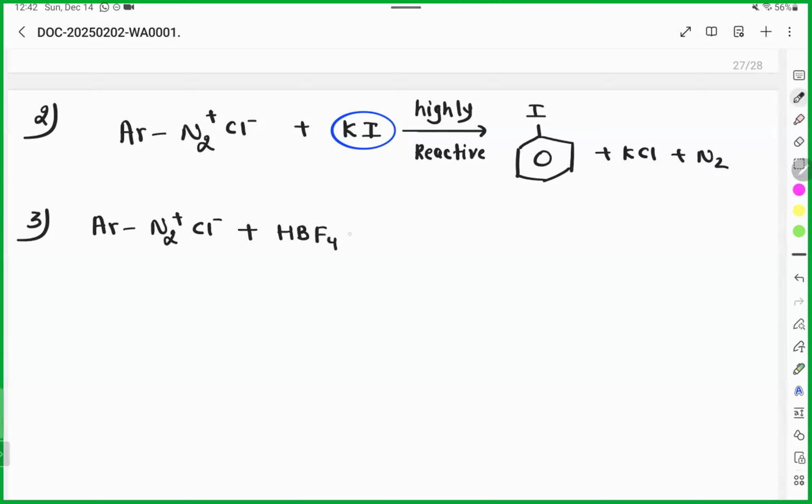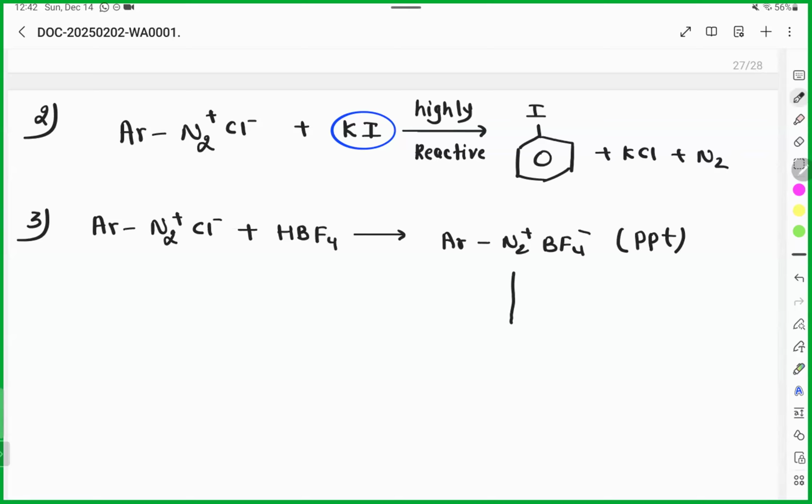So first you have to form salt, N2 positive and BF4 negative. HCl came out, right? So this salt precipitates and settles down.